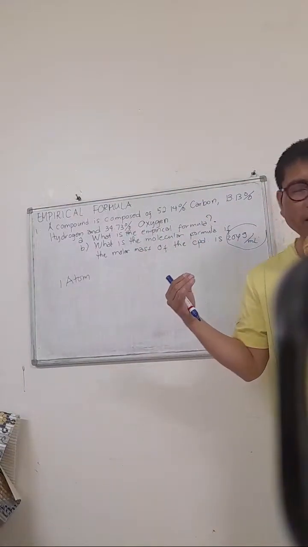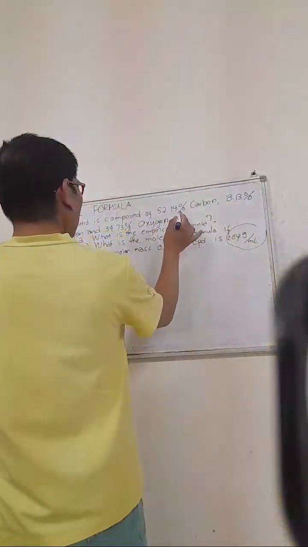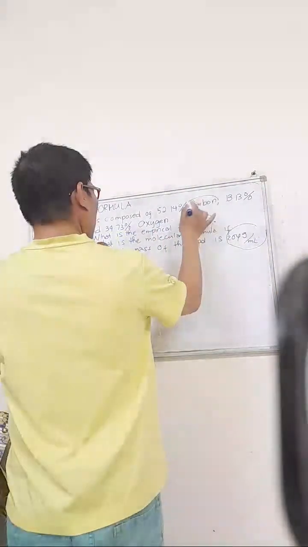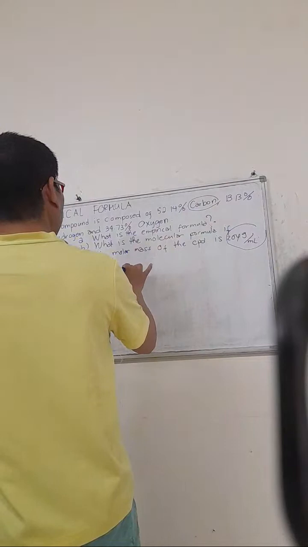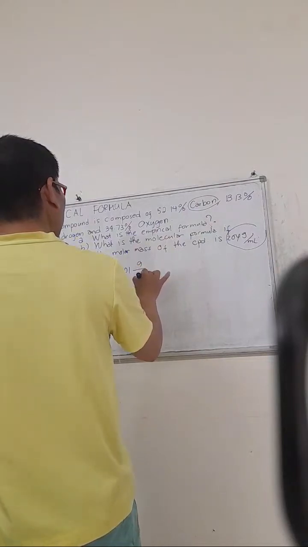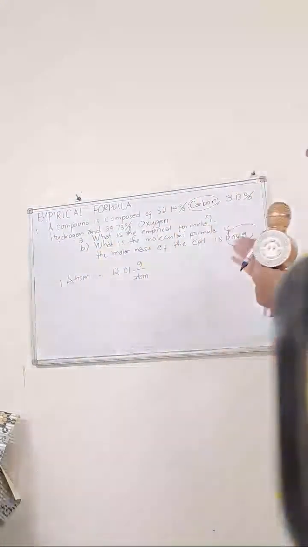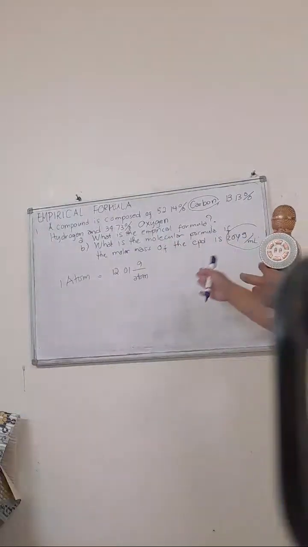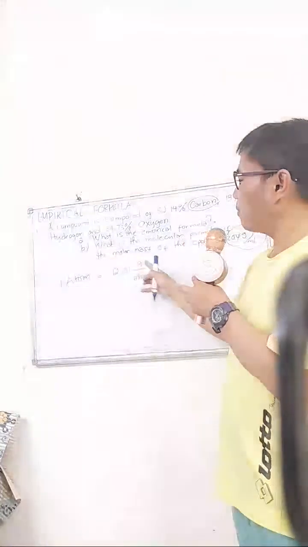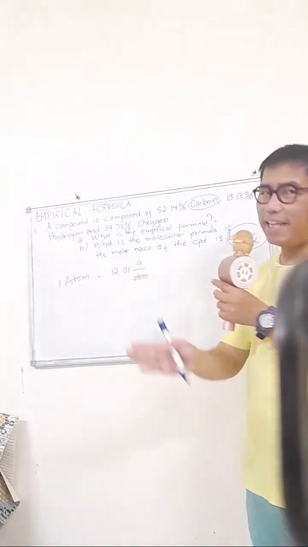Since we have the atomic mass of carbon, 12.01 grams per atom, the atomic mass or atomic weight, you can easily calculate the number of grams by multiplying one atom by 12.01 grams per atom, and your answer will automatically be in grams.